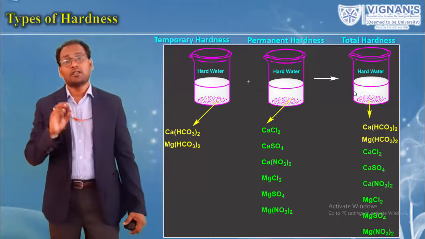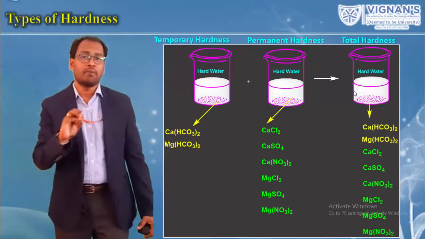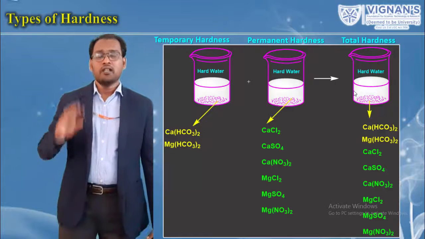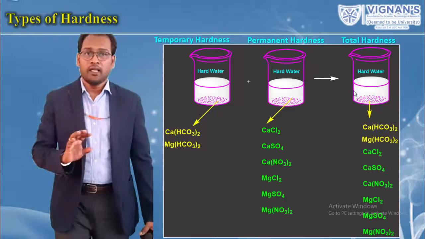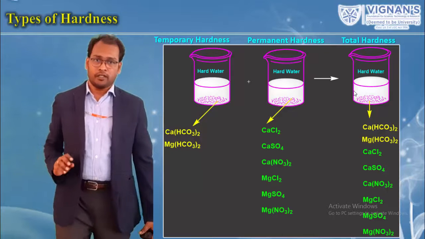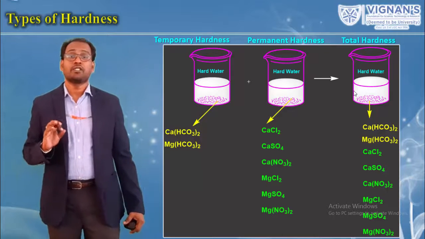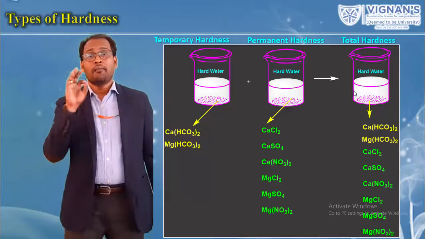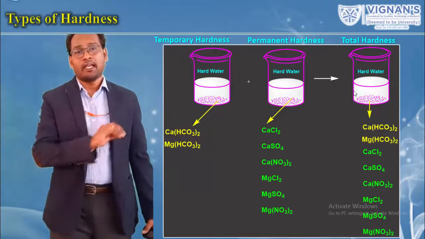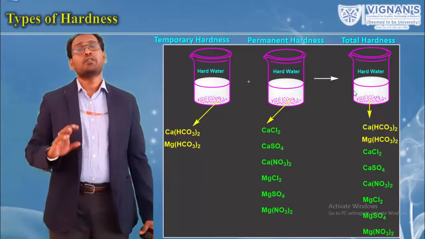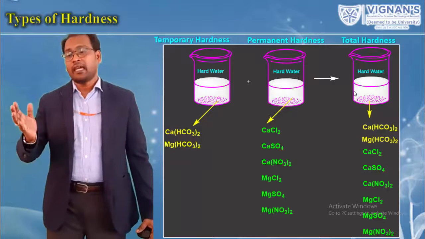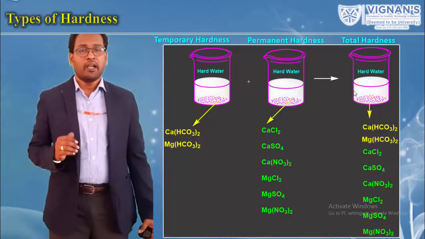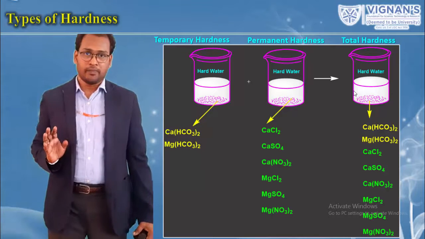So let's see what salts cause temporary and permanent hardness. Temporary hardness causing salts are mostly carbonates and bicarbonates. Most of the carbonates are insoluble in water, so they can be easily separated by mere filtration.